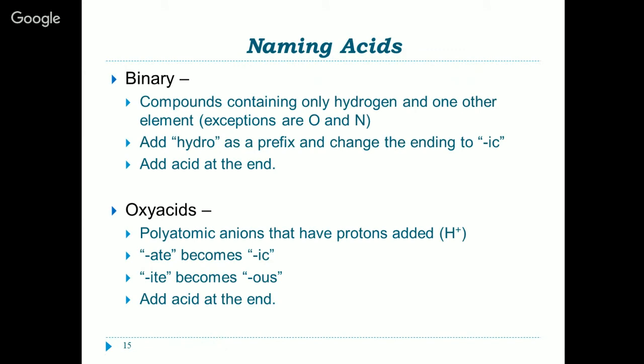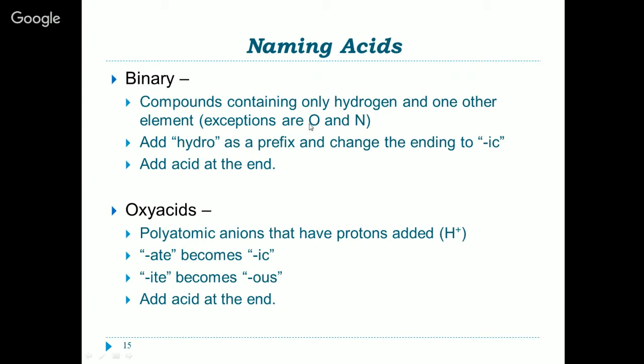So we have to know how to name acids. If we have a binary acid, which simply means I have hydrogen and only 1 other type of nonmetal, so no oxygens are present, then I simply add hydro in the front and change the ending to -ic. And as I stated here, oxygen and nitrogen are exceptions. Why?